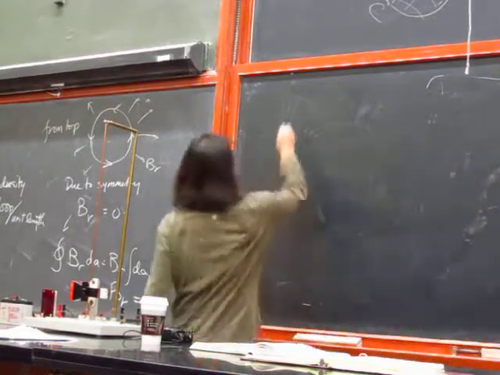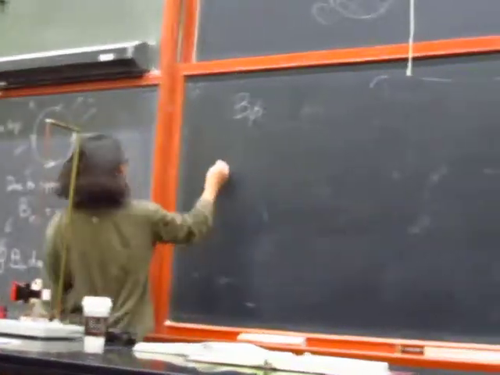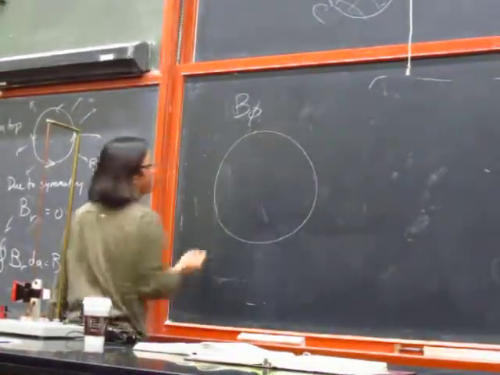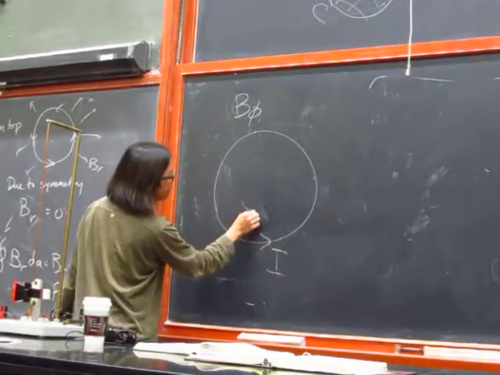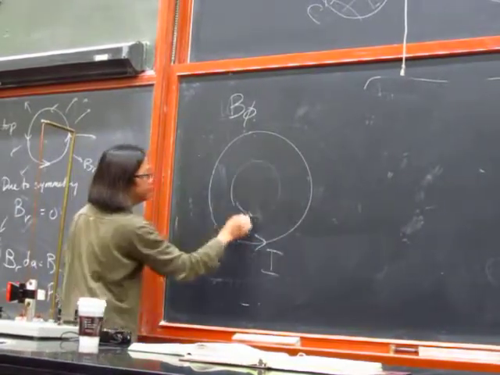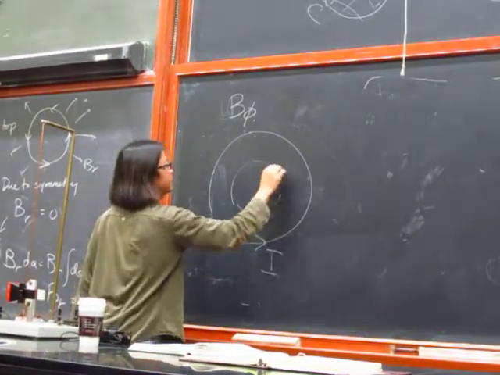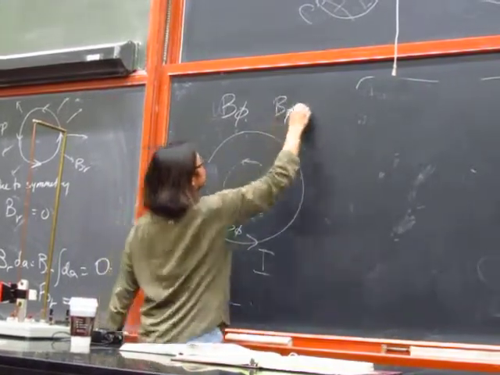How about the B field in the tangential direction? Again, if this is the loop with current I, let's consider if I have a B field in the tangential direction, and by symmetry, it's constant.